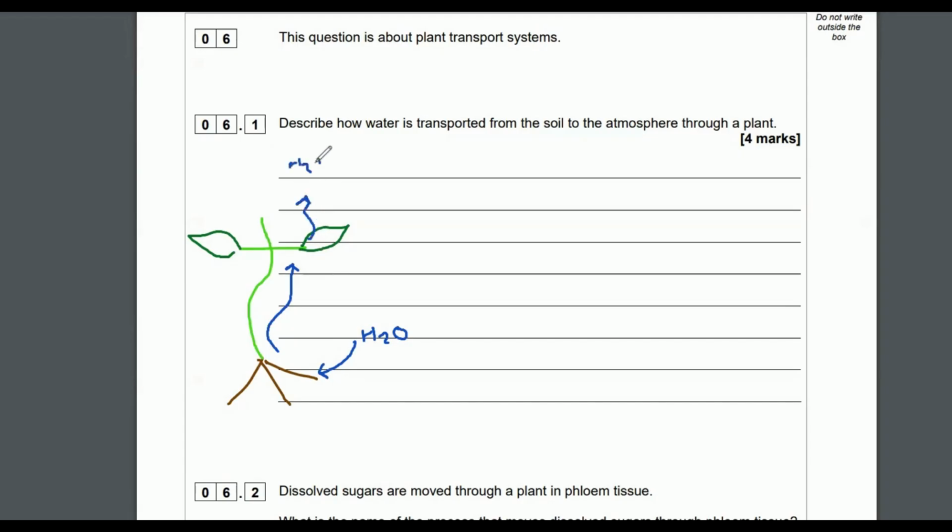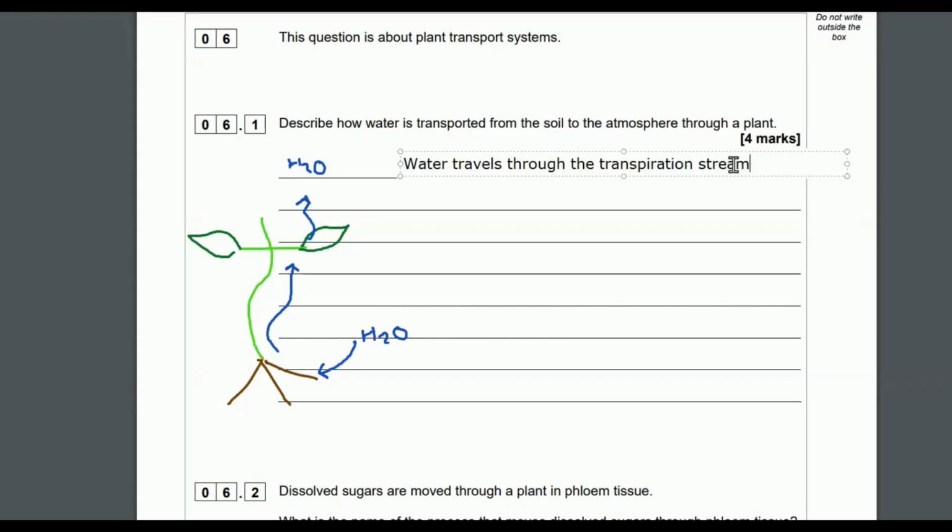And this whole process has a name, and a lot of people forget that this is a different process to one of the others. I'll point this out anyway. I'm going to say water travels through the transpiration stream. Now, that is a different thing to just saying transpiration.